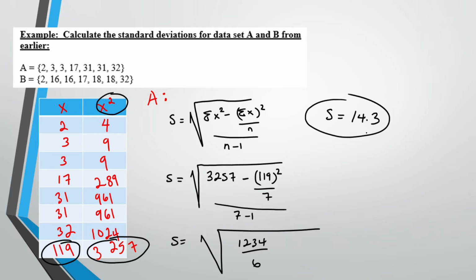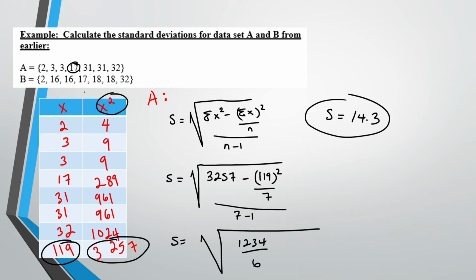What that means is, on average, we have a difference about 14.3 away from the average. The standard deviation is the average deviation from average. Deviation means to differ. The standard deviation is the average difference from average.